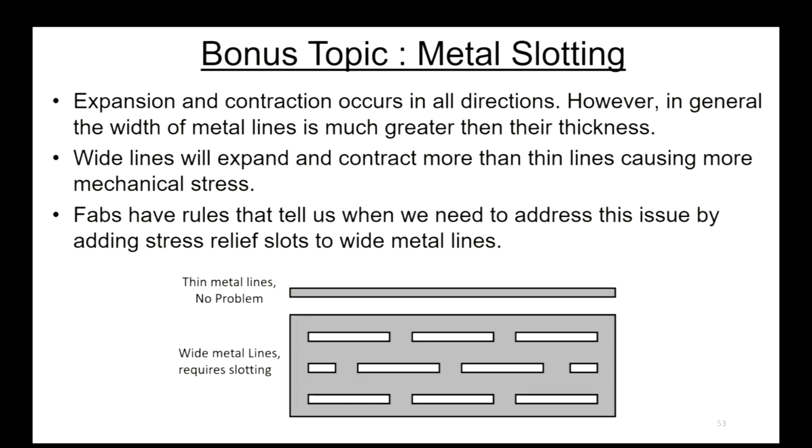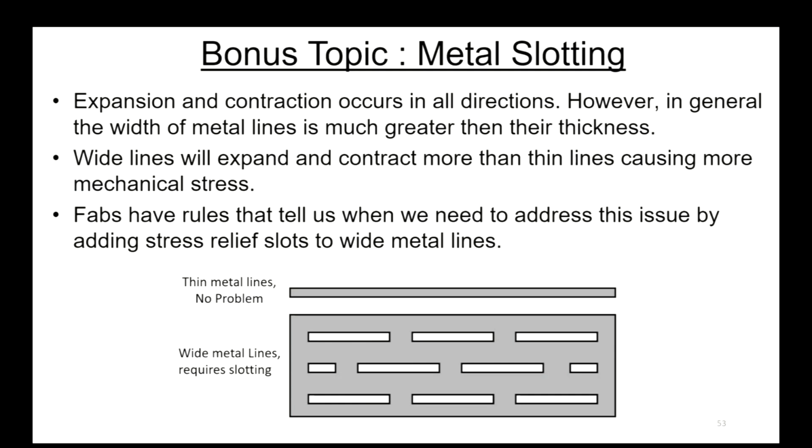So expansion and contraction occur in all directions, up, down, left, right. However, in general, the widths of our metal lines are much greater than the thickness. The thickness might be a micron, but we can have metal lines that are 10, 20, 30, 100 microns wide. So the wide metal lines will expand and contract more than the thin metal lines, causing more mechanical stress.